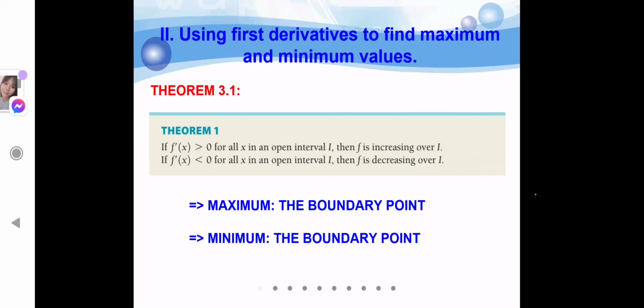And if f prime x is negative for all x in this interval, then we write f is decreasing. And decreasing or increasing, we say it's monotone. Increasing or decreasing, we need to use to determine relative maximum and minimum value.